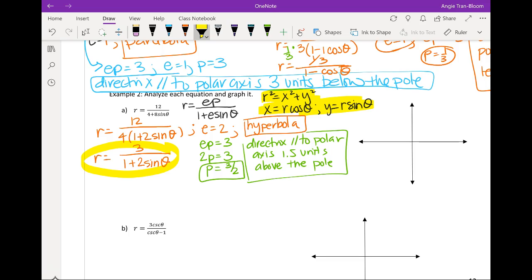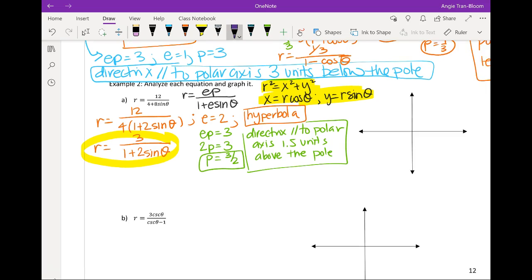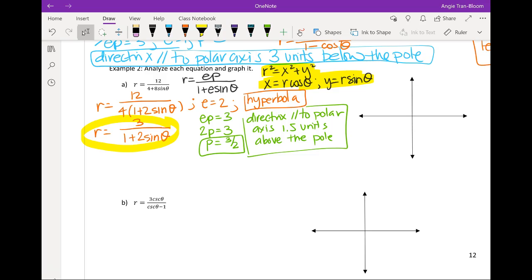Okay. Okay, so step number 1, can I multiply both sides by 1 plus 2 sine of theta to get rid of fractions? Okay. So r times 1 plus 2 sine of theta equals 3. Can I distribute my r? Sure. So r plus 2 times r sine of theta equals 3. So far, so good.